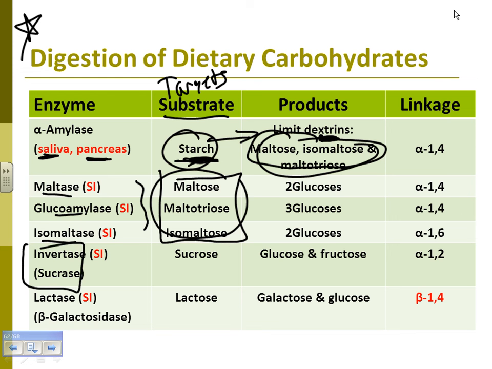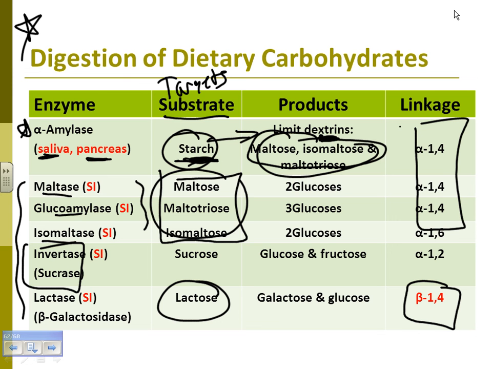Invertase and sucrase are used interchangeably, so know them both. Remember, these are all small intestine except for the first one. And lactase targets what might be called an animal carbohydrate, lactose. And it's the only beta-1,4. First 3 on the list are alpha-1,4.